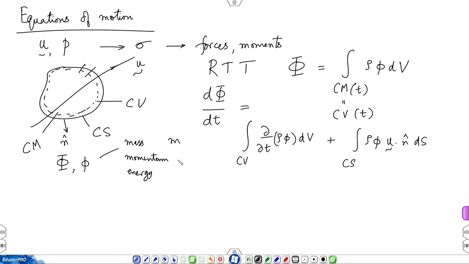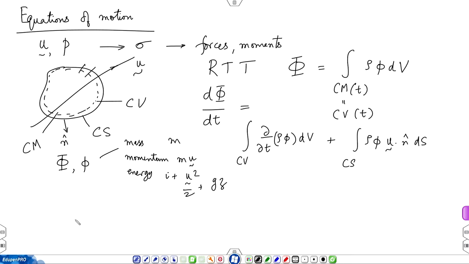Mass is m, momentum is mu and energy is I plus u square over 2 plus g z, where g z is an example of a potential energy, a potential field. There could be other types of potential fields also.